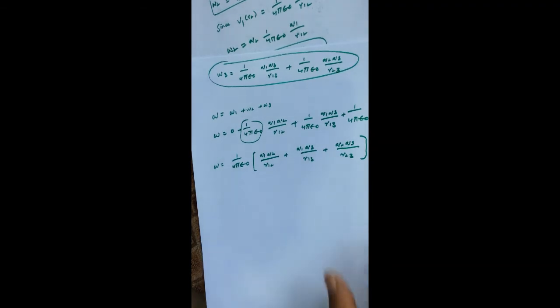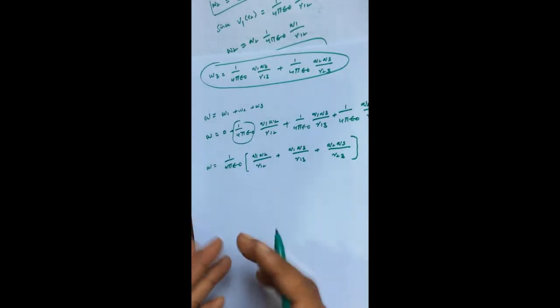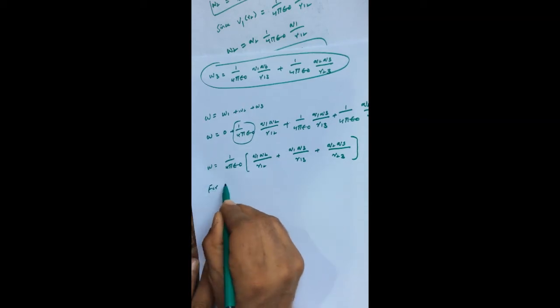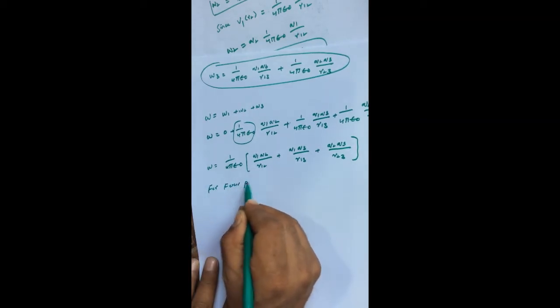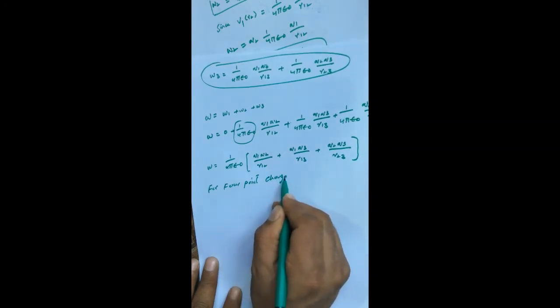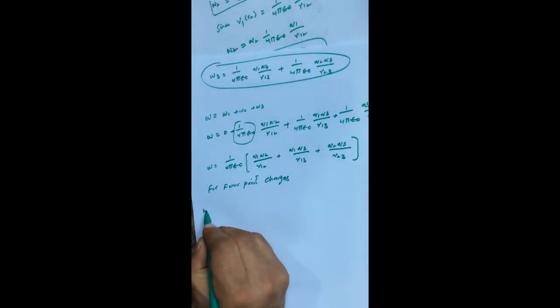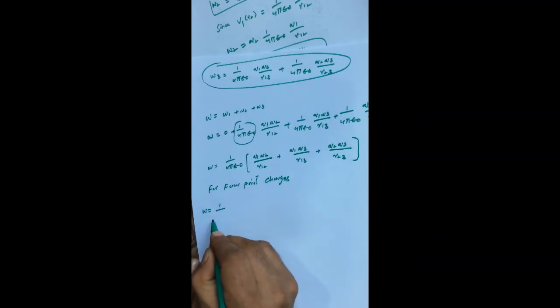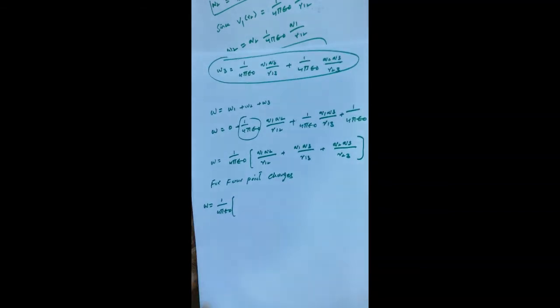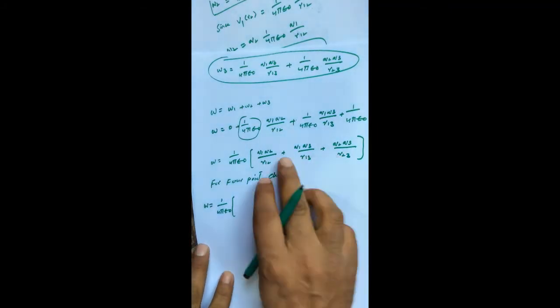Now if I am bringing 4-point charges, then again the symmetry is the same. So for 4-point charges, the work done will be 1 over 4 pi epsilon naught. It will be a lengthy expression. There will be a total of 6 such expressions.